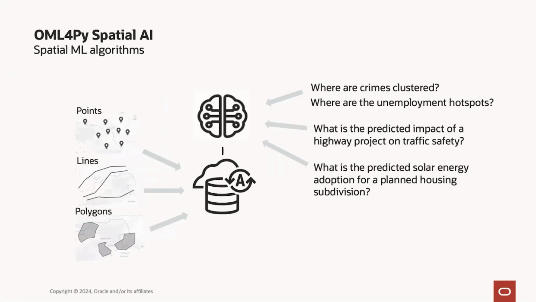And what this is all about now with Spatial AI and OML4Py is, again, having that same data that we work with in Oracle Spatial, but now being able to ask a different category of questions. So not just explicit questions about explicit relationships and measurements and computations.